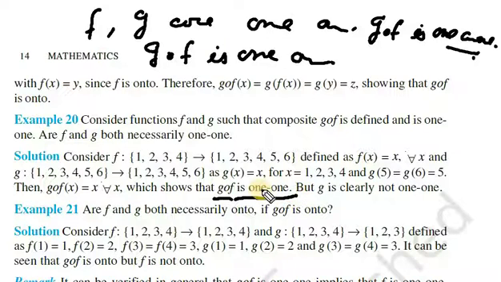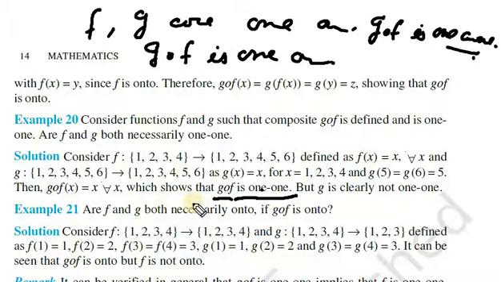Because this is a function from 1 2 3 4 to 1 2 3 4 5 6, and this is 1-1: 1 goes to 1, 2 goes to 2, 3 goes to 3.